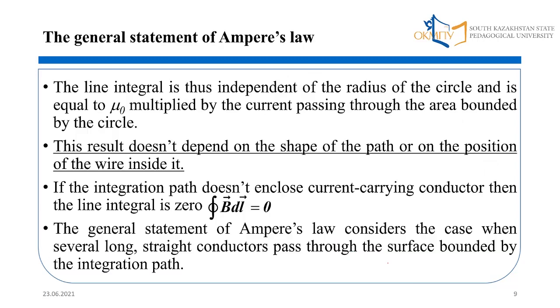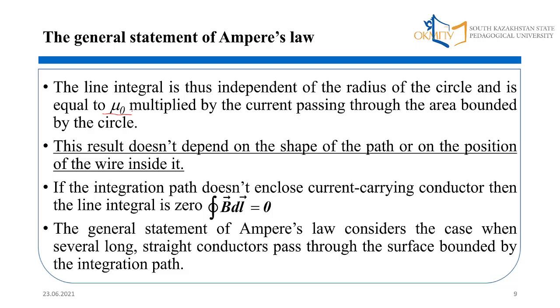The line integral is thus independent of the radius of the circle and is equal to the magnetic constant multiplied by the current passing through the area bounded by this circle. This result doesn't depend on the shape of the path or on the position of the wire inside it.